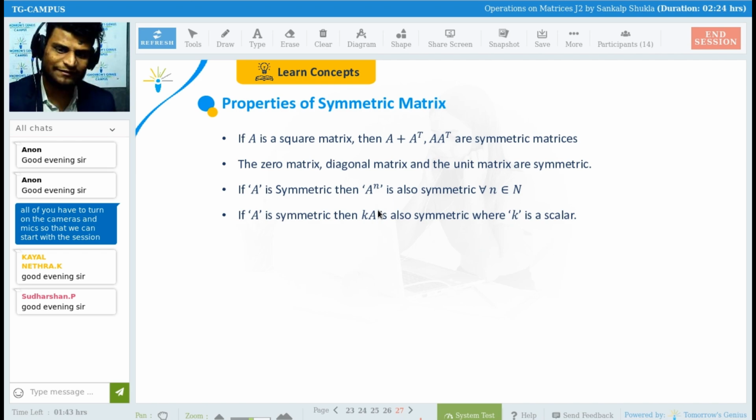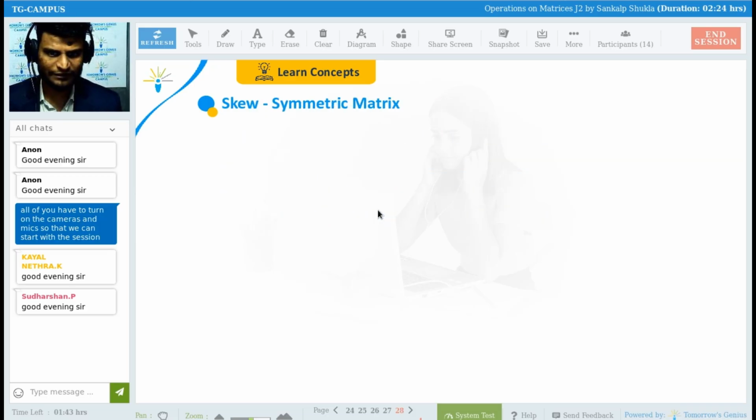Next property is if A is symmetric, then kA is also symmetric, where k is a scalar. If you multiply every element with a number, that matrix will also be symmetric if the previous matrix is symmetric. That is also a very common point to understand.